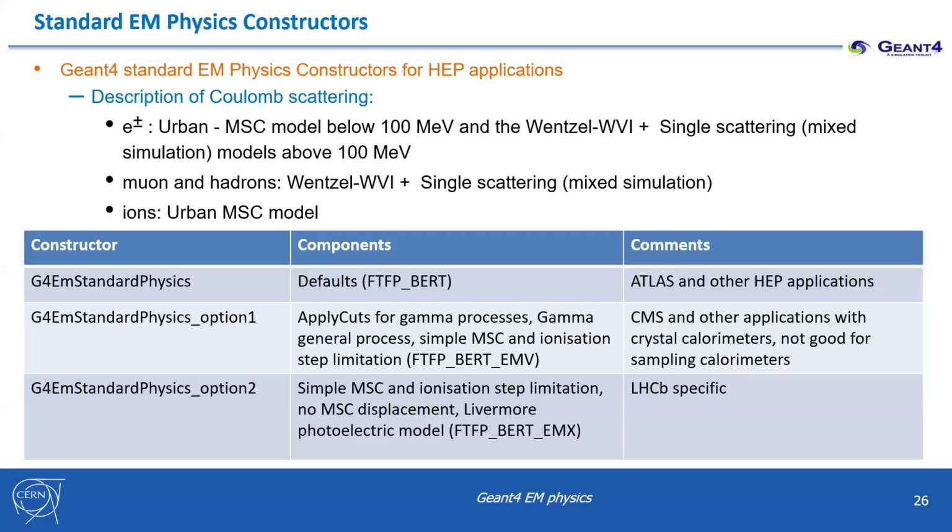Historically we put V as a first. V corresponds to option 1. And physically close to this option 1 is what is used by CMS experiment at CERN. LHCb experiment uses specific physics list, and option 2 is similar to option 1, but it has the same configuration as LHCb is using. And we call such physics list FTFP BERT EMX.